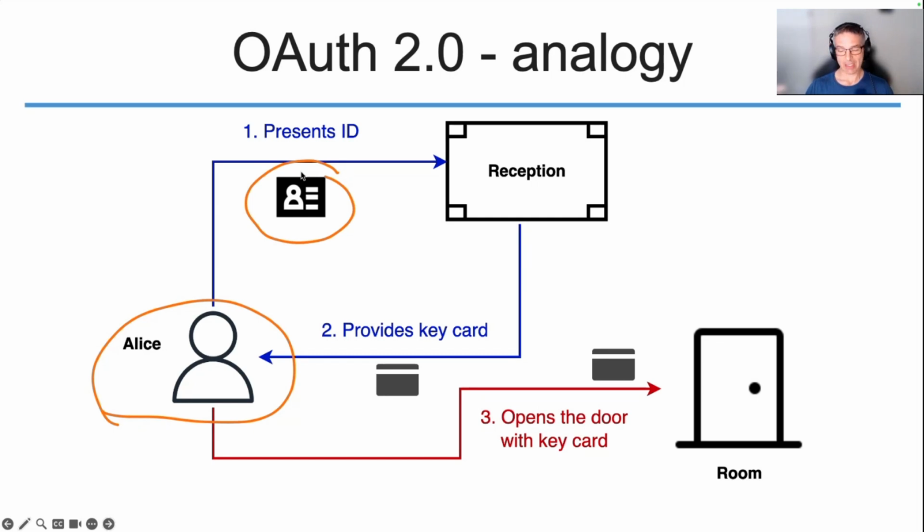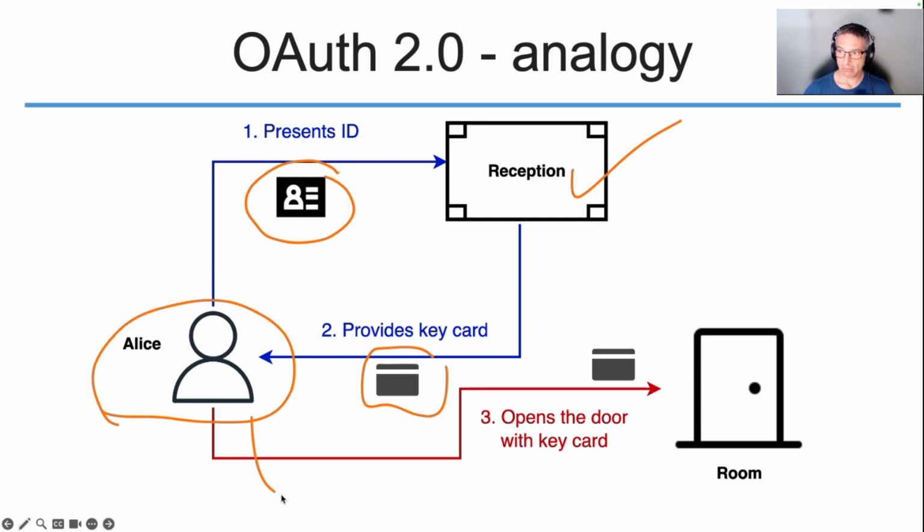The ID card will have her name, date of birth, and any other pieces of information that the receptionist needs. The receptionist will check if Alice is actually Alice, and then, if everything goes well, and of course the booking is paid, the receptionist will give Alice a key card, those plastic cards.